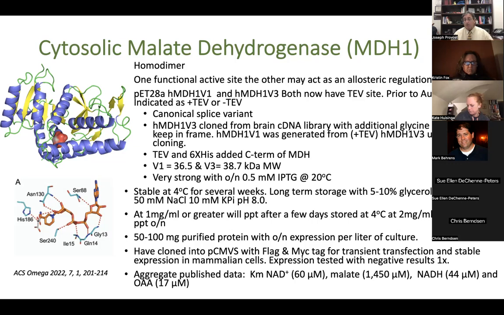One caveat to all the MDHs, watermelon seems to be the one that's a little bit, not in this case, but if you get much above 1 mg per mL within a day or two, and if you're really above 1 mg per mL overnight, you're going to have a snow globe. The proteins will aggregate and fall out of solution, and they'll end up at about 0.95 mg per mL when you're done.